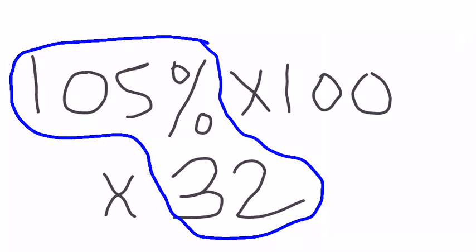And when you are multiplying these two, you are actually breaking this 105 into two pieces, which is 100% plus 5%. And 100% is easy, it's just 32, and 5% is basically half of the 10%. So half of 10% is what? It's 3.2 divided by 2, which is 1.6. 32 plus 1.6 is 33.6, or 3360.